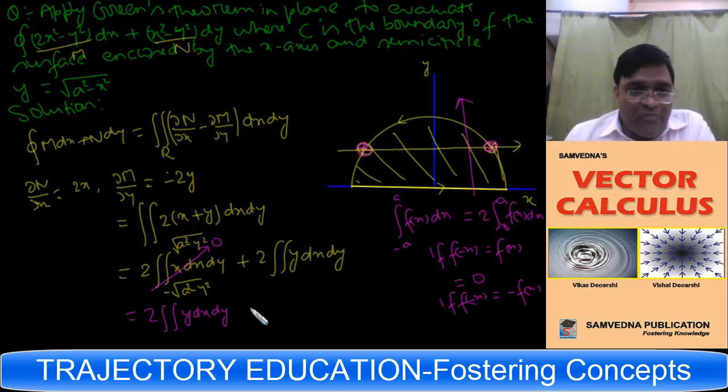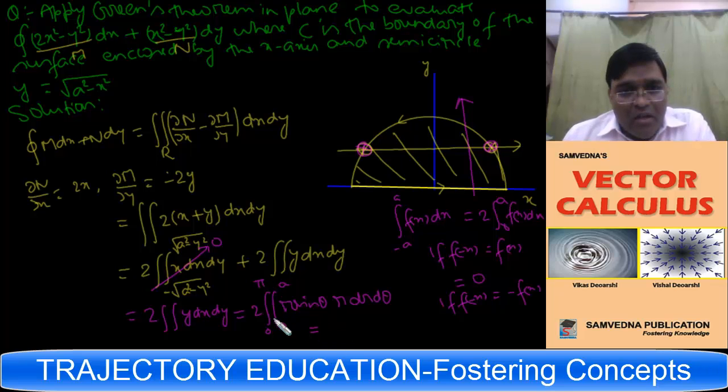I have to evaluate this double integral over this region of integration. So converting it to polar coordinates, I'll get r sine theta, r dr d theta. R is varying from 0 to a, and theta is varying from 0 to pi.